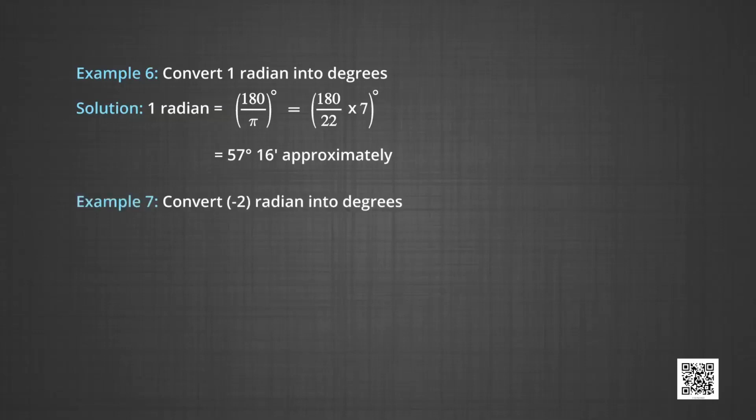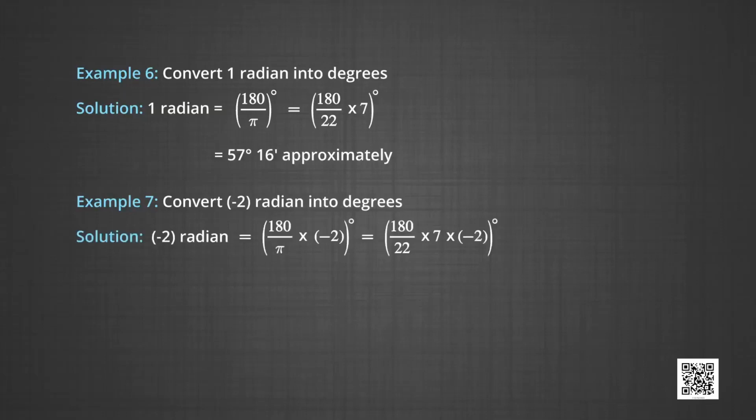In example 7, we will convert a negative radian measure into degrees, that is, we will take the example of minus 2. Minus 2 radian is equal to 180 upon pi into minus 2 degrees. We replace pi by its value 22 by 7. So, minus 2 radian is equal to minus 114 6 by 11 degrees. 6 by 11 is the fractional part of the degree.